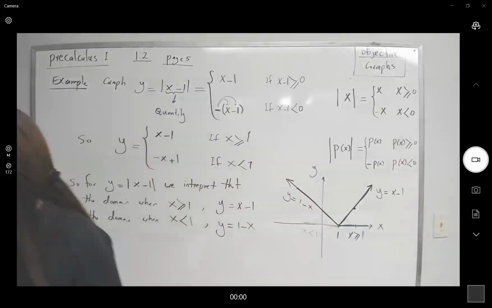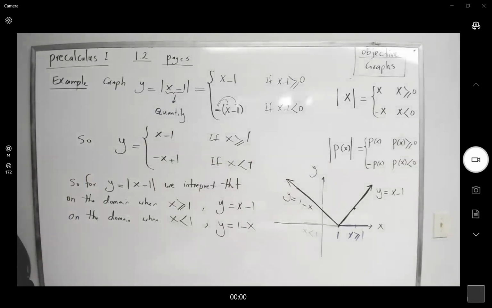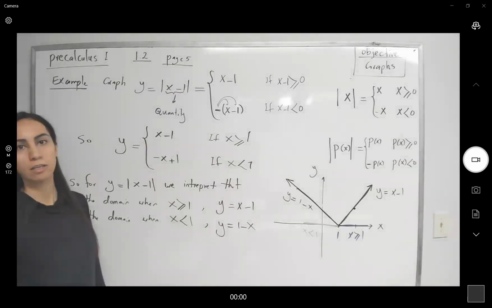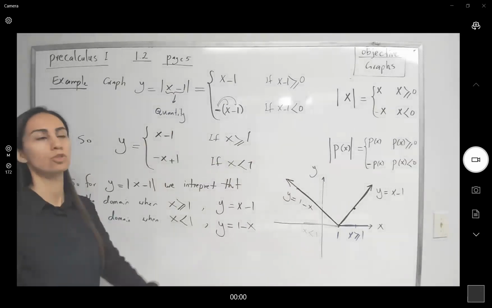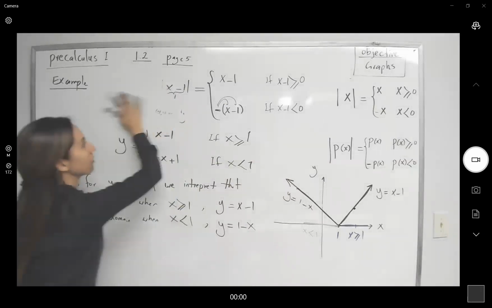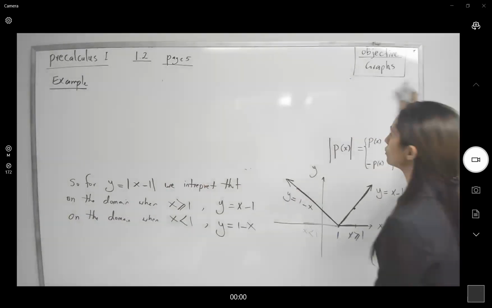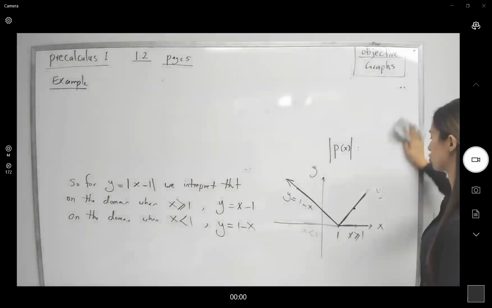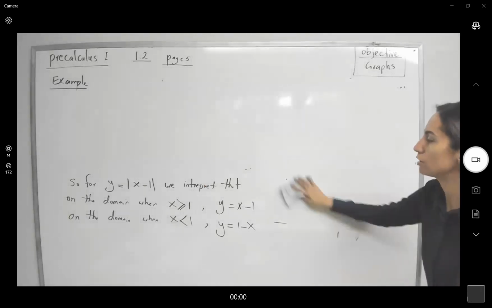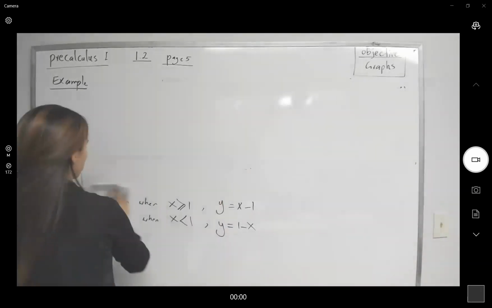So is piecewise defined function only defined for absolute value? Of course not. You can define a piecewise defined function yourself. For example, you can say that, well, out of nowhere, out of my imagination, I want to write down one piecewise defined function.